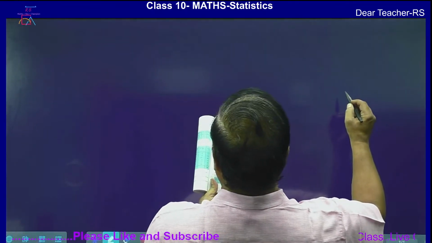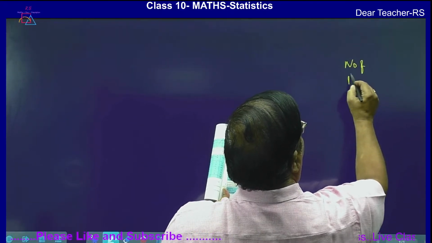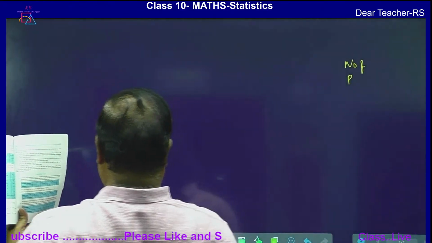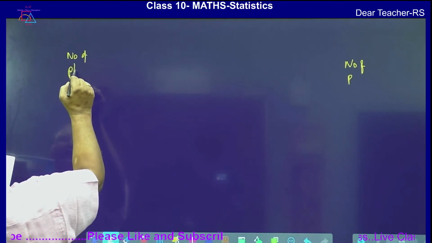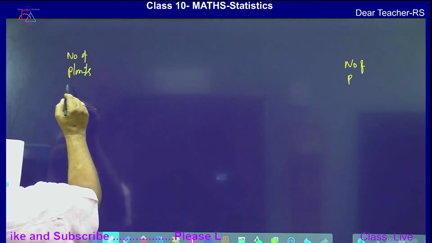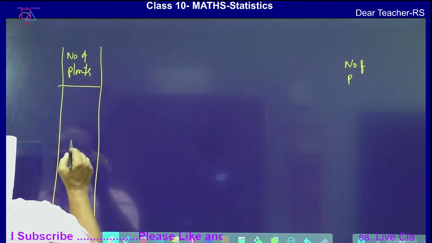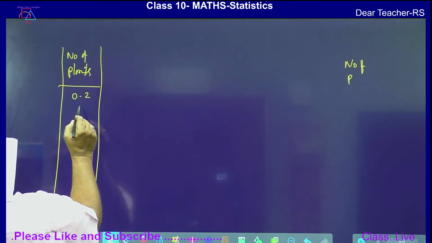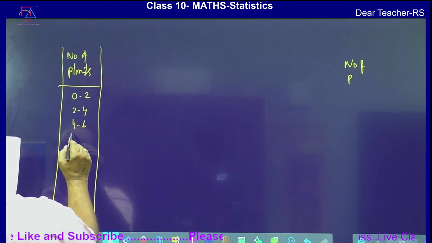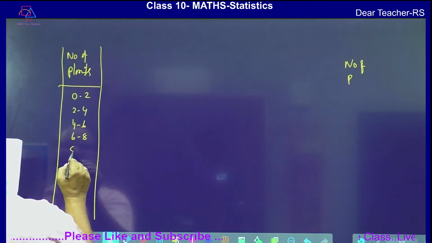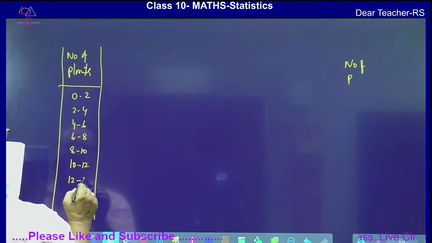So first column, number of plants: 0 to 2, 2 to 4, 4 to 6, 6 to 8, 8 to 10, 10 to 12 and 12 to 14.